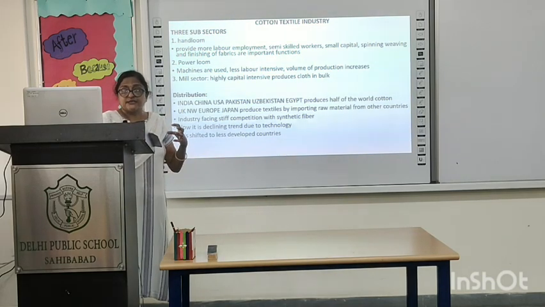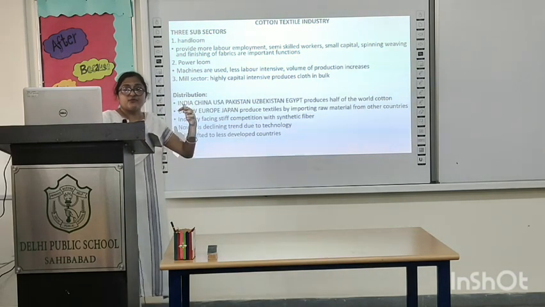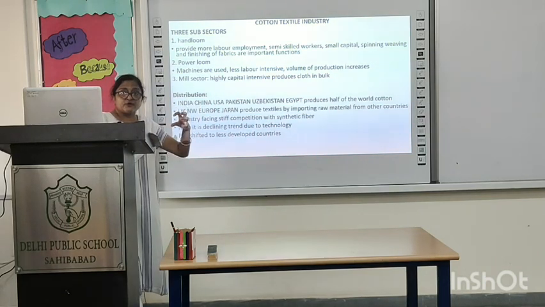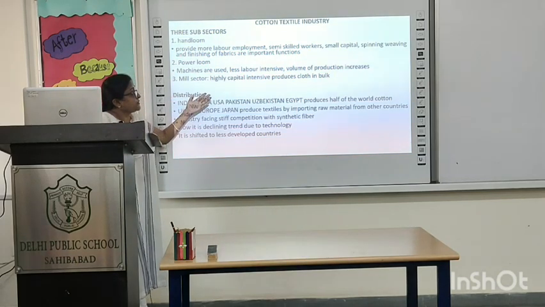Next is the power loom, where power loom machines are used. It is less labor intensive and the volume of production increases. Next is the mill sector, which is highly capital intensive and produces cloth in bulk.